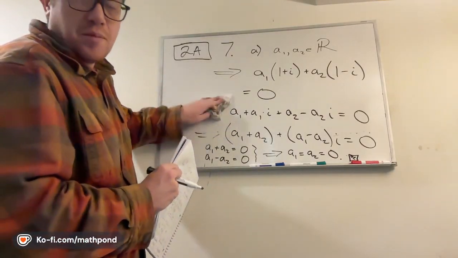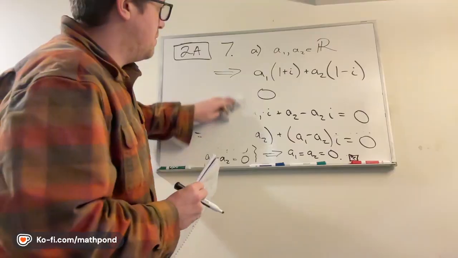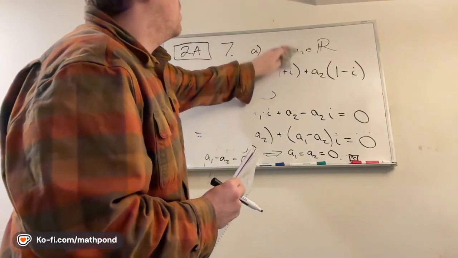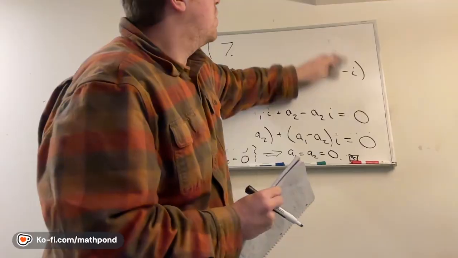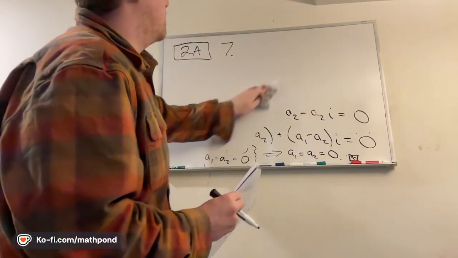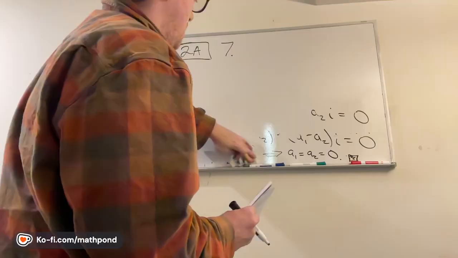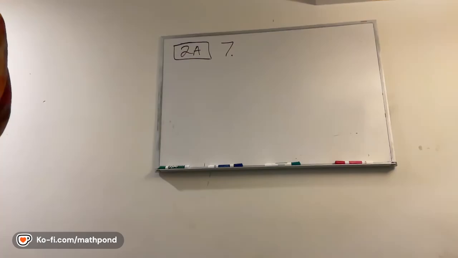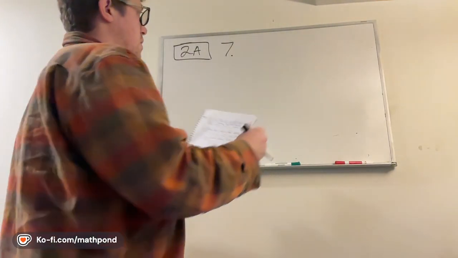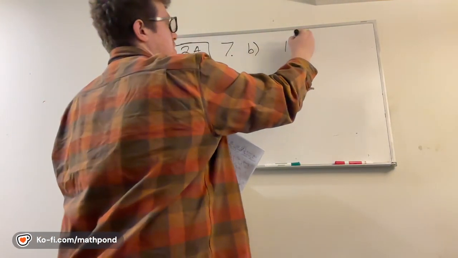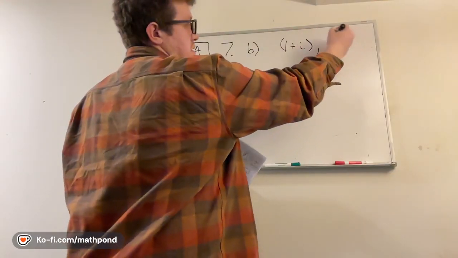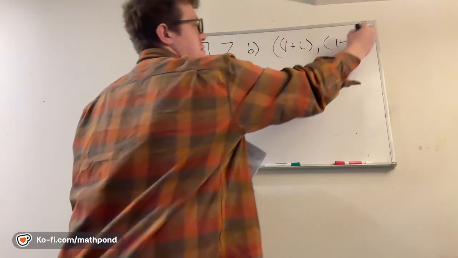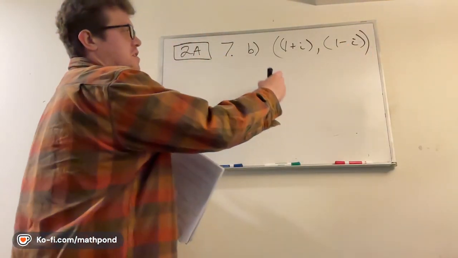If we think of the complex numbers as a vector space over itself, okay, so this is part B. So we have the same vectors, complex numbers, which are themselves complex vectors now in the complex numbers space.